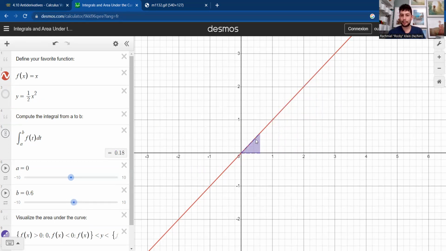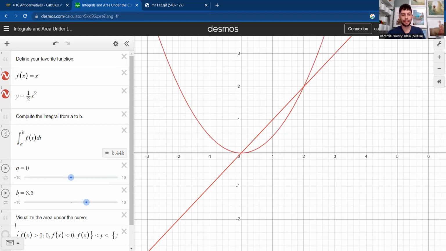This little smidgen is much smaller than from here to here. So it actually turns out that, just given a function which corresponds to velocity, it's the derivative, we can visualize the antiderivative by thinking about area under the curve. And that's going to be it.